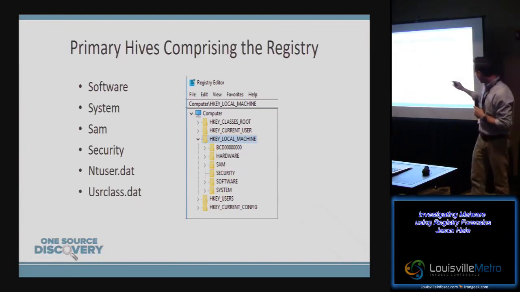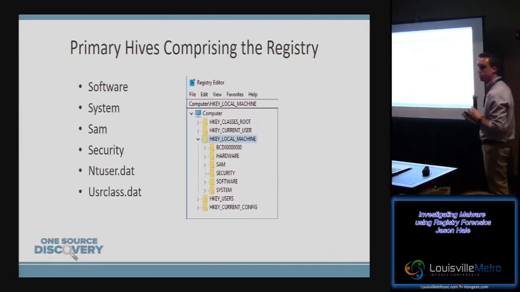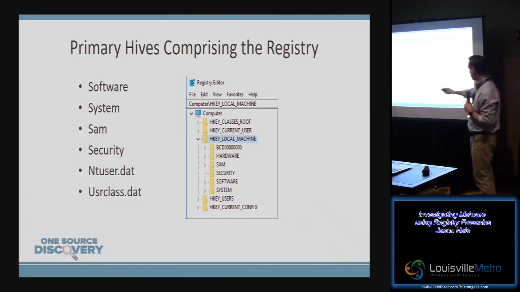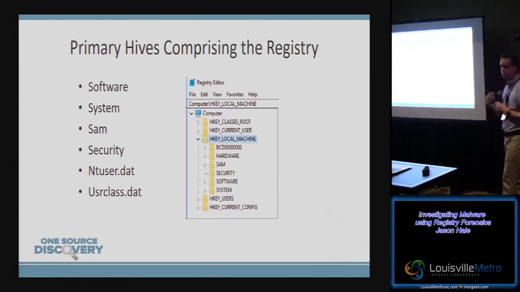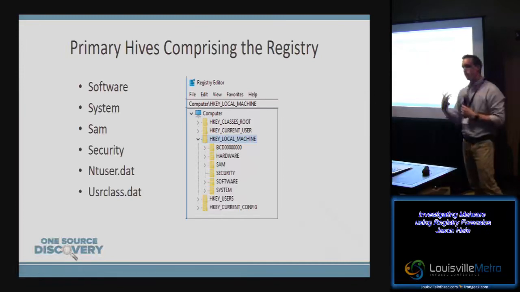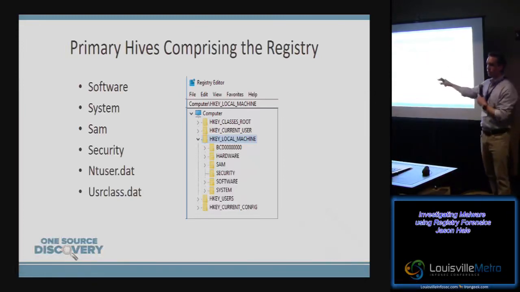The primary hives that comprise the registry as we see it in regedit are these 6 listed here. If you were to draw a line between these 6, you would do it right here between security and NT user. The reason is these top 4, software, system, SAM, and security, are all located in the system32 config directory, which means they are central to the entire system.